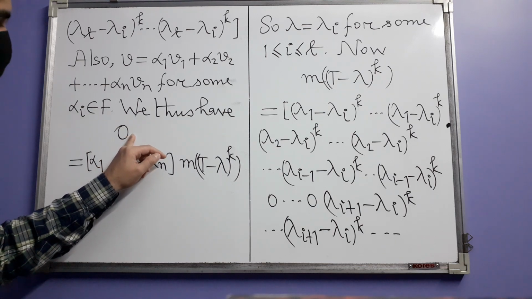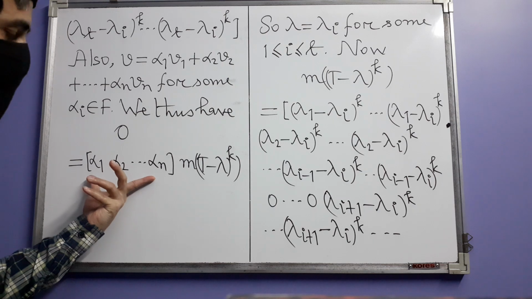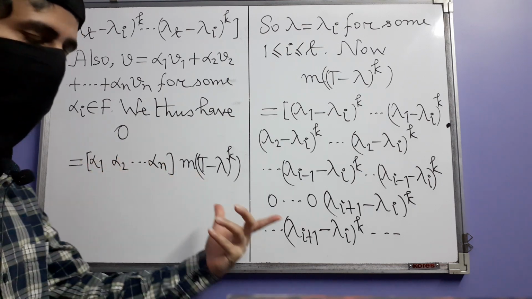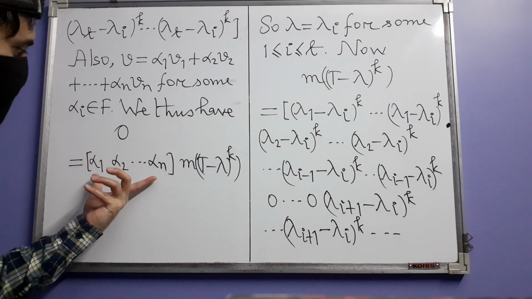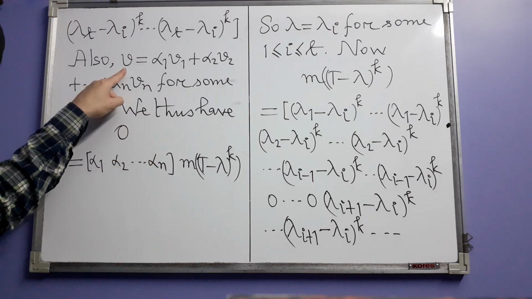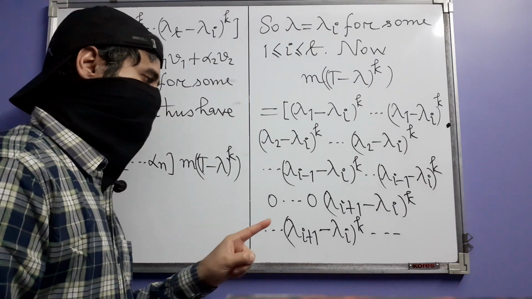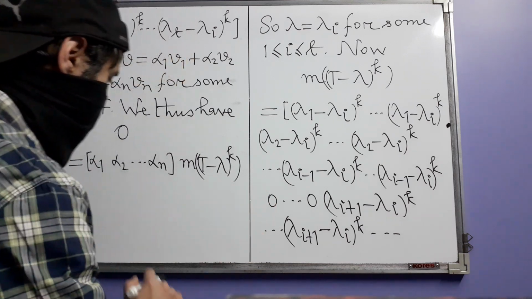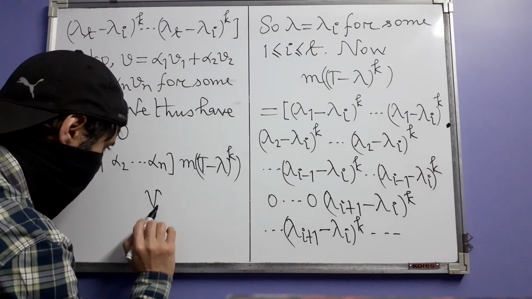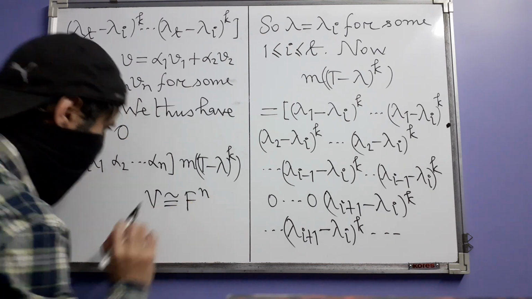You understand what this 0 is. This 0 is again an n tuple. You can call it the coordinate matrix or the row matrix which corresponds to V, because V is n dimensional. So V is isomorphic to Fn.